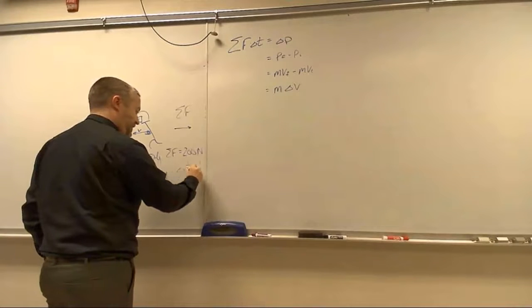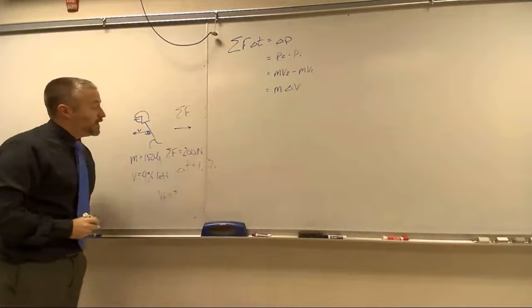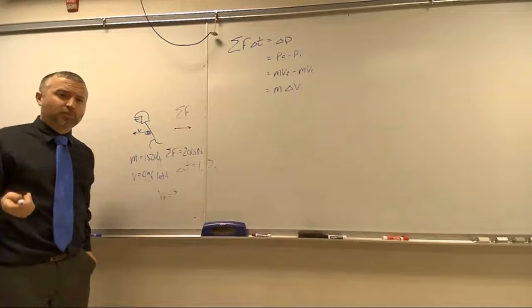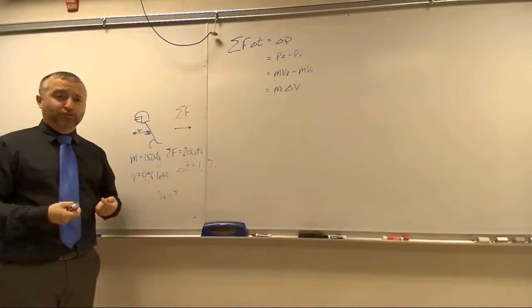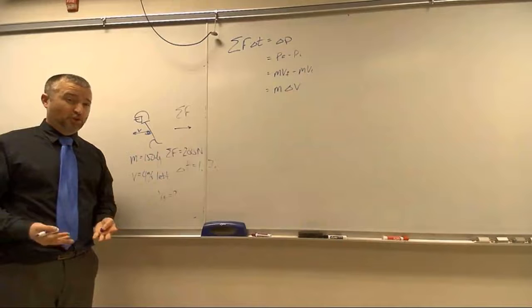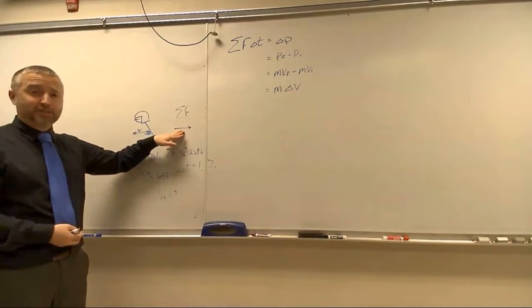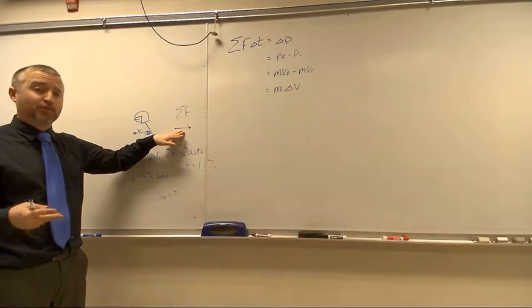A comment on this. You'll notice that I only drew one force, because I've told you what the net force, the force total, is. This is the force diagram that you should draw if you're talking about a net force.